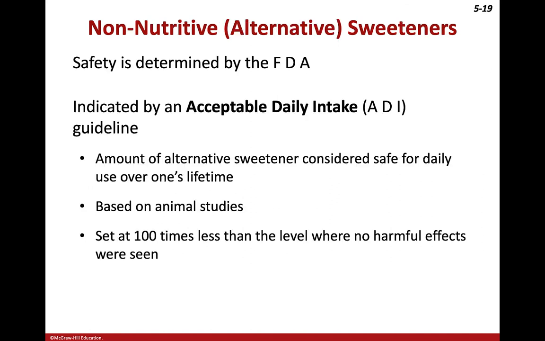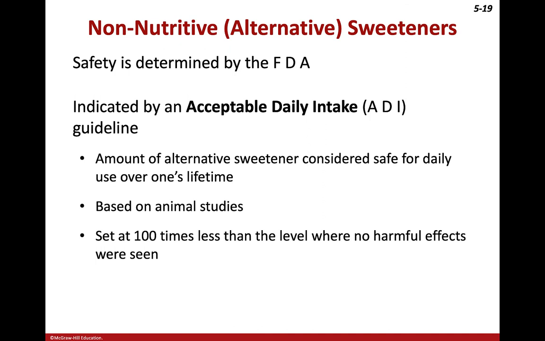Now, non-nutritive sweeteners, these are alternative sweeteners. The safety of these is determined by the FDA, and usually they're using what's known as an acceptable daily intake. What this measures is the amount of alternative sweeteners considered safe for daily use across one's lifetime.